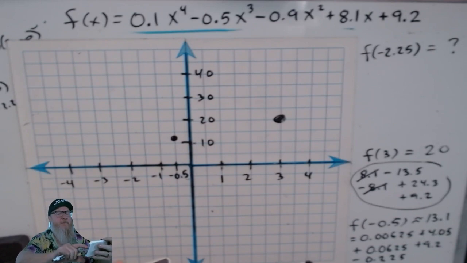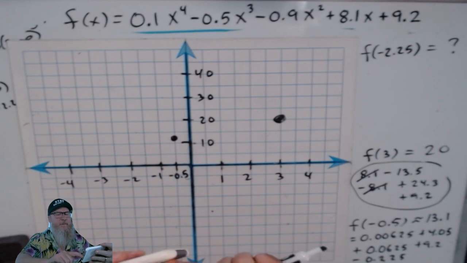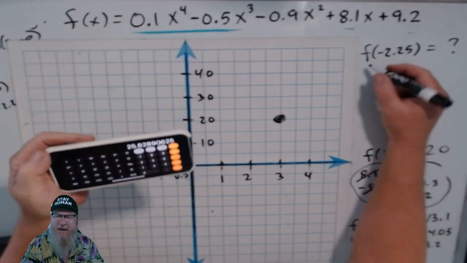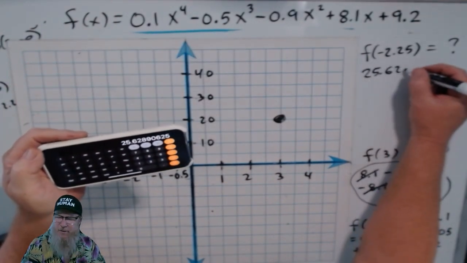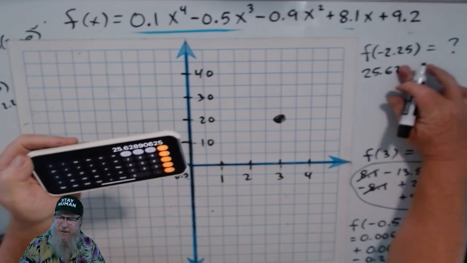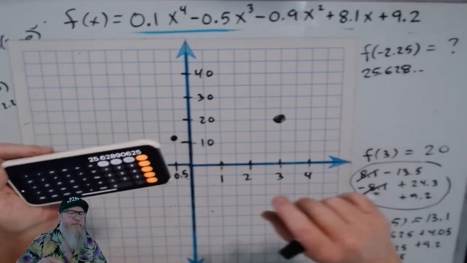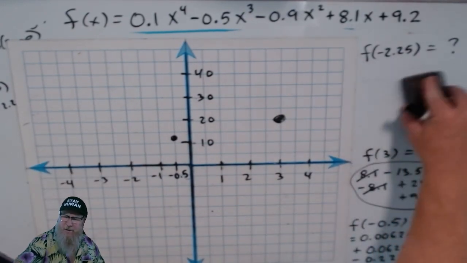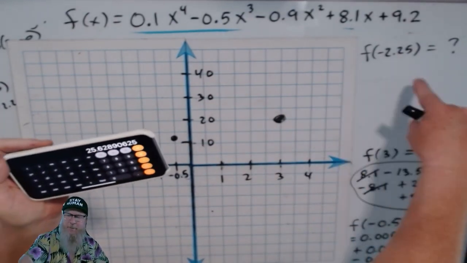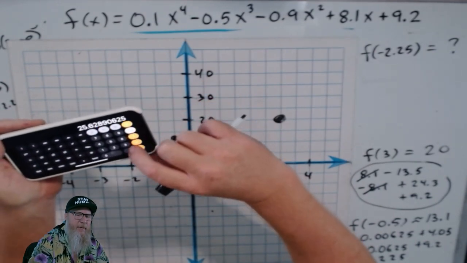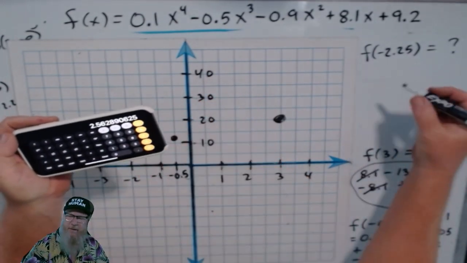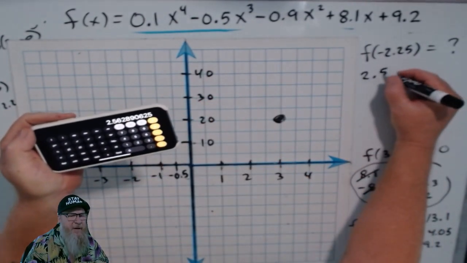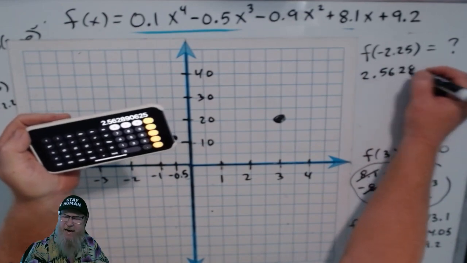Oh, shoot. So you get 25.628, I guess. Oh, shoot. Oh, I'm tired. I forgot to multiply it by 0.1. So it's 2.5628.